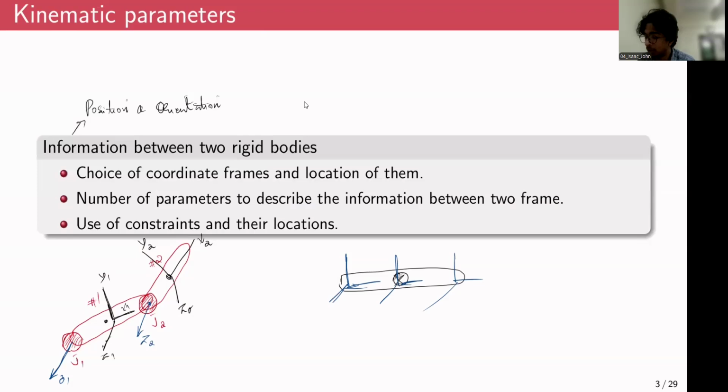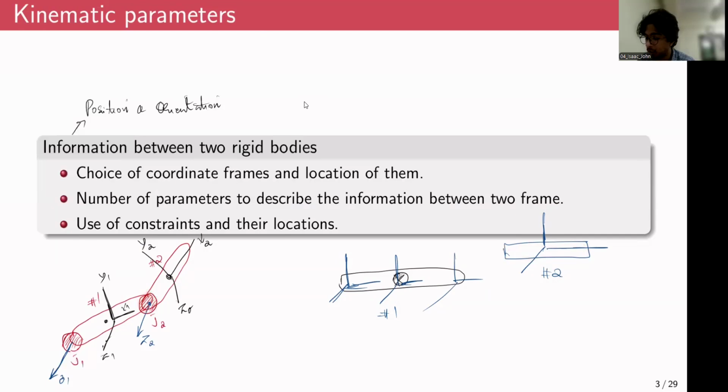Typically, if any two rigid bodies are floating in space, I'll call this rigid body 1 and this rigid body 2, you require 6 degrees of freedom to convey the relationship between frame 2 and frame 1. But in a robotic manipulator, any pair of rigid bodies are constrained using joints.